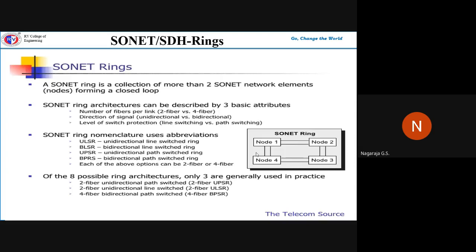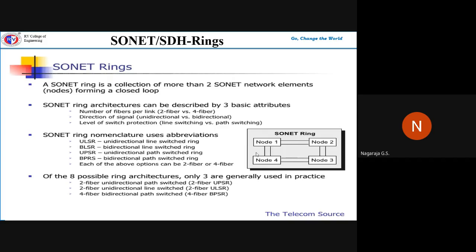Since you have already studied the different types of network topologies, you can easily understand the Sonet ring network as well. It follows a similar concept, but the more important point to note here is the fibers we use in a Sonet ring network.